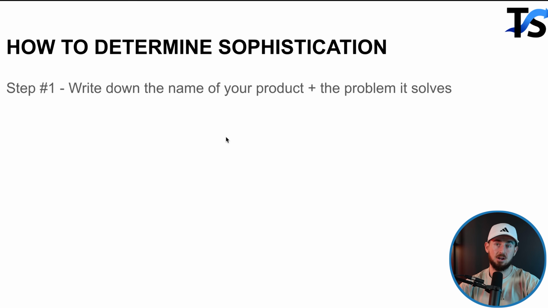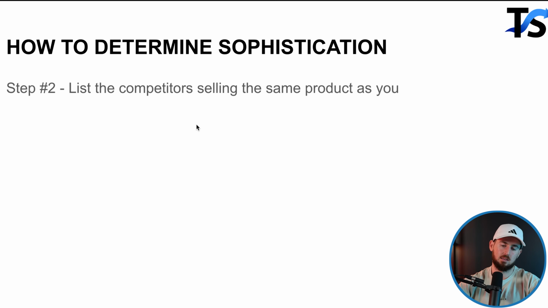Now, how do you determine your market sophistication? What you want to do is write down the name of your product plus the problem it solves or the desire it goes after. Then list the competitors selling the same product as you. For example, I run Facebook ads for clients, so I can list all the other Facebook ad agencies.